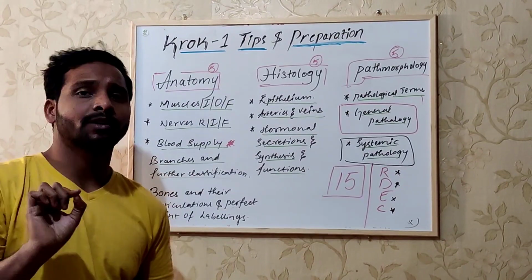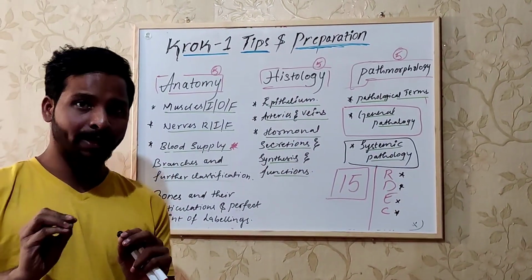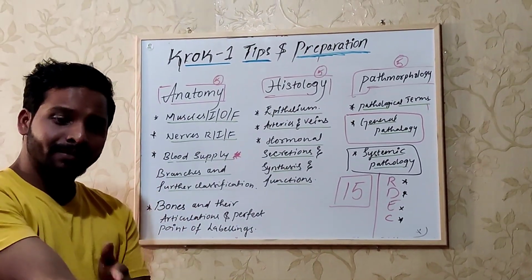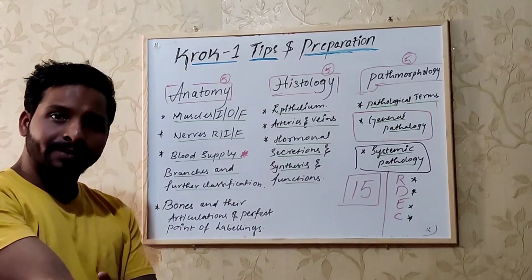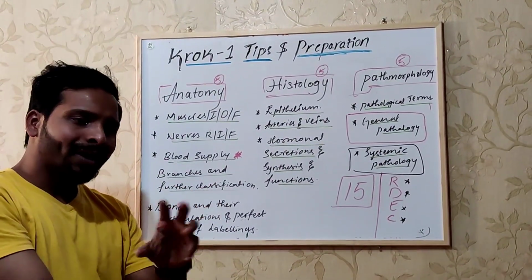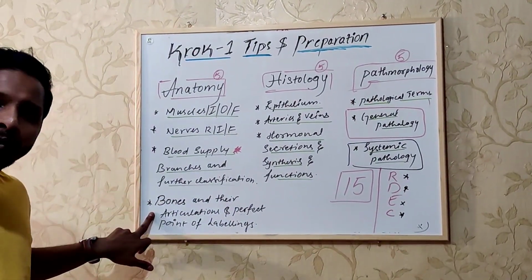But if you forget, no problem. You need to remember the main labelings, which will be helpful whenever you study arteries, veins, nerves, fascia, ligaments and tendons. These are all very easy to understand when you are thorough with the bones.